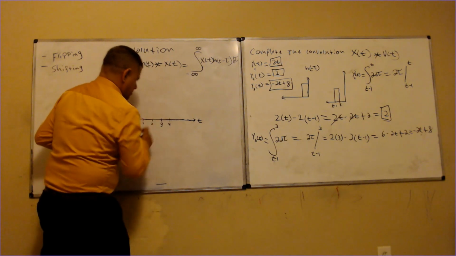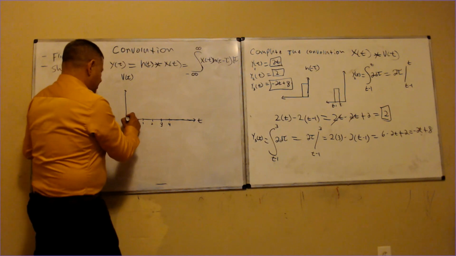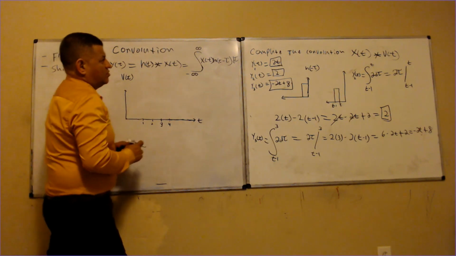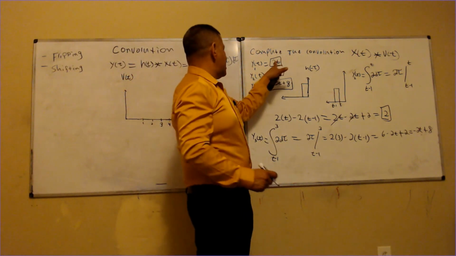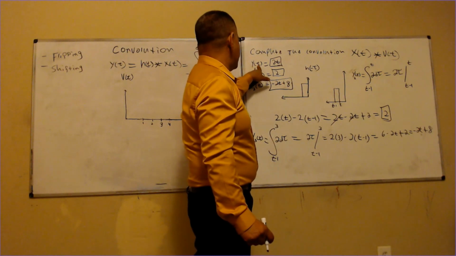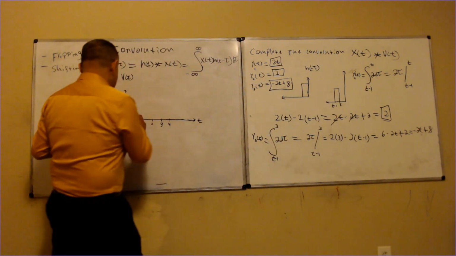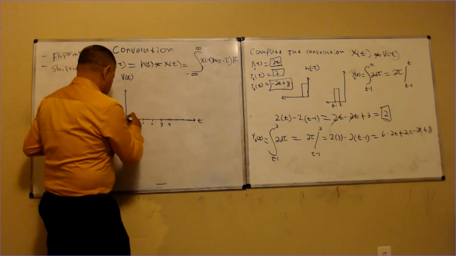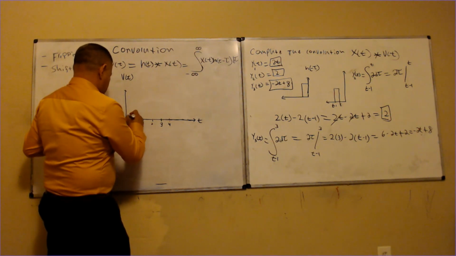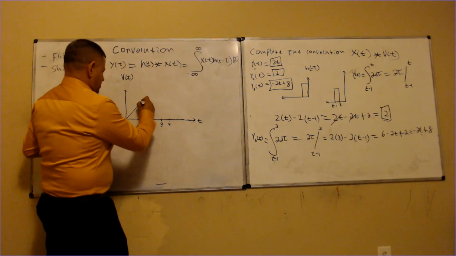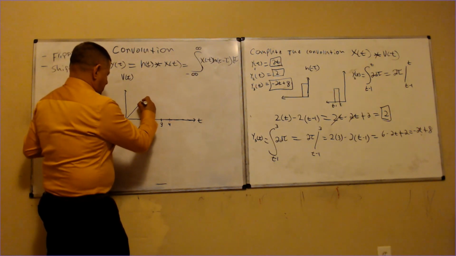So notice that the first one is just a straight line with a positive slope, right? Something like that.